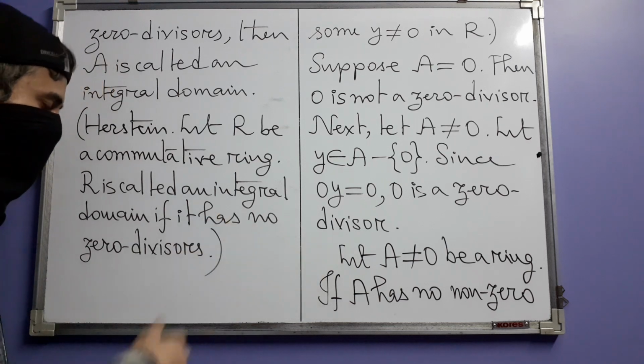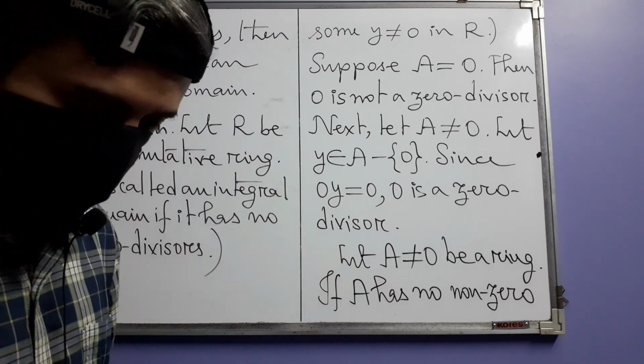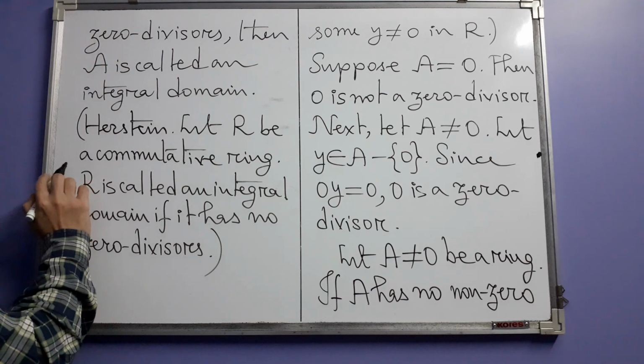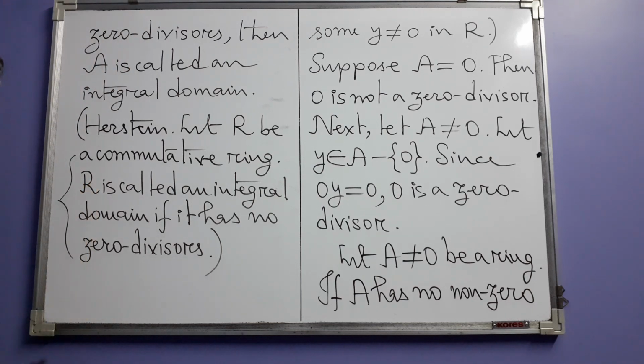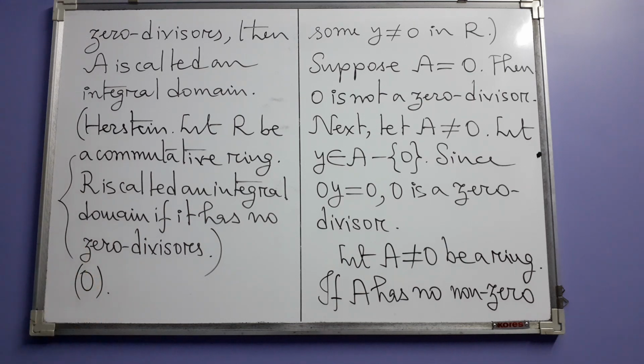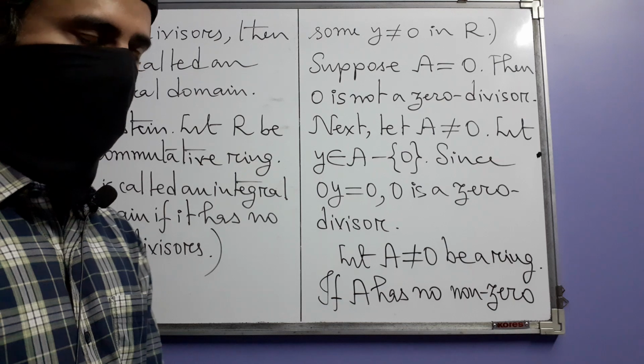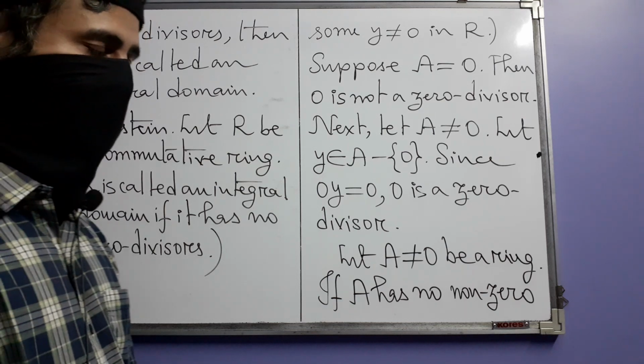But what does not match is that, unfortunately, this definition of Herstein includes the zero ring in the class of all integral domains. Why do I say that this is unfortunate?